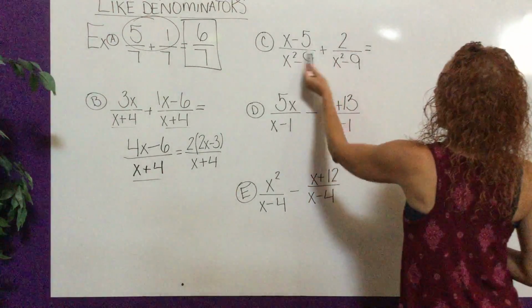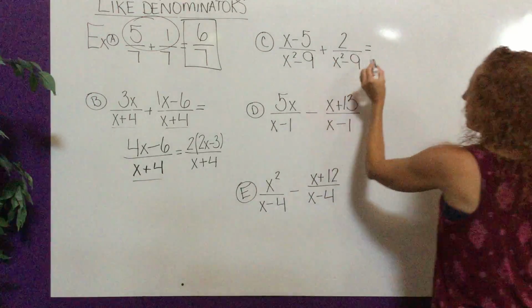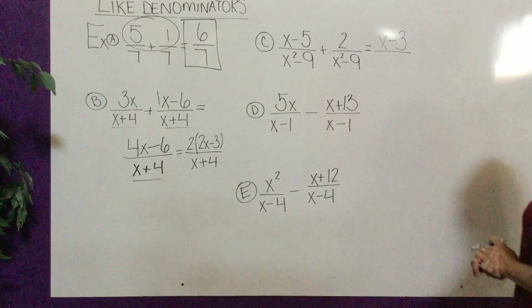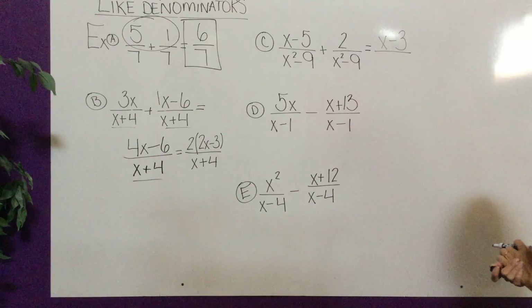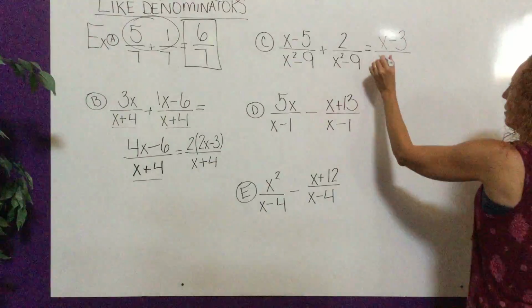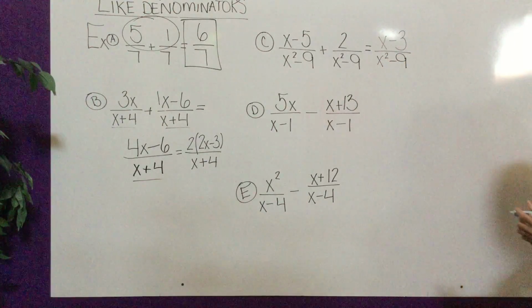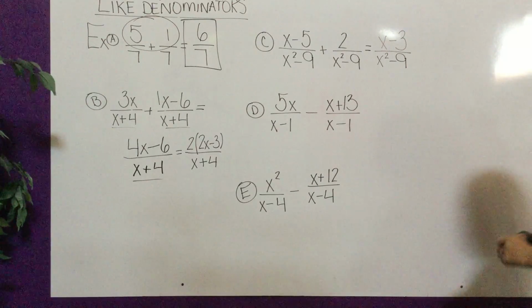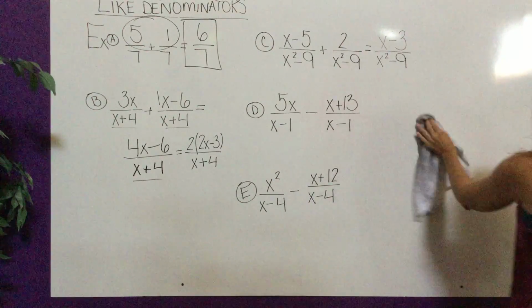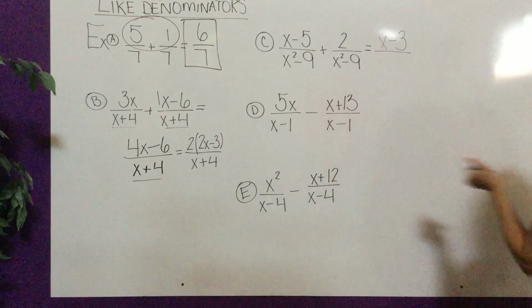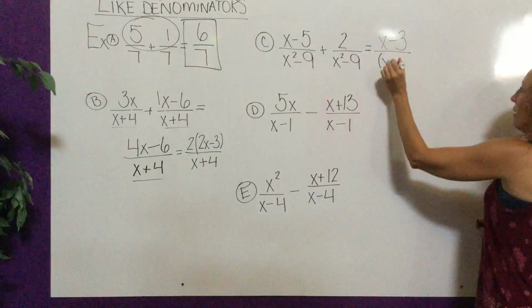So when I add the terms in the numerator, I end up with x minus 3, a negative 5, and a positive 2. And then we can rewrite the denominator here, or if you can see that denominator will factor, you can go ahead and factor it right here.